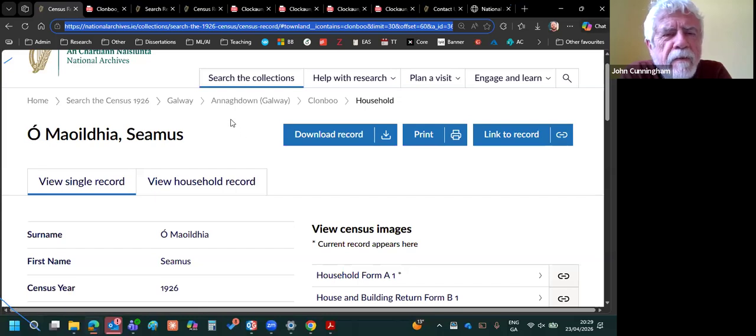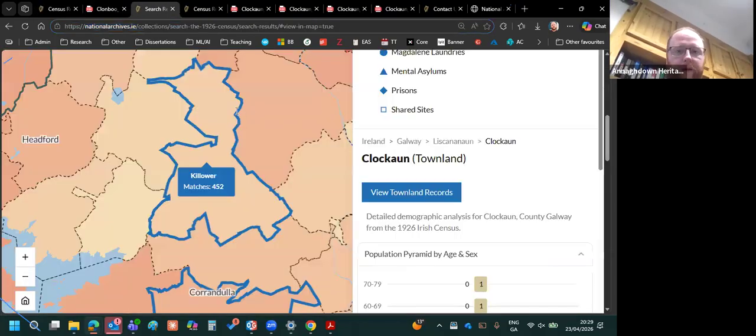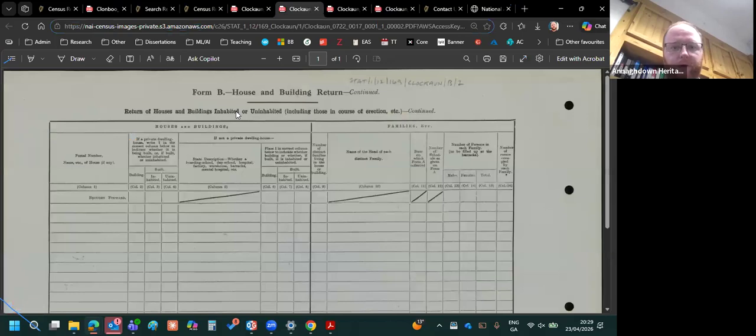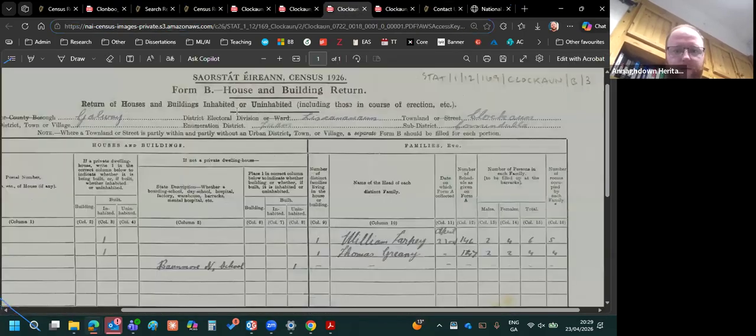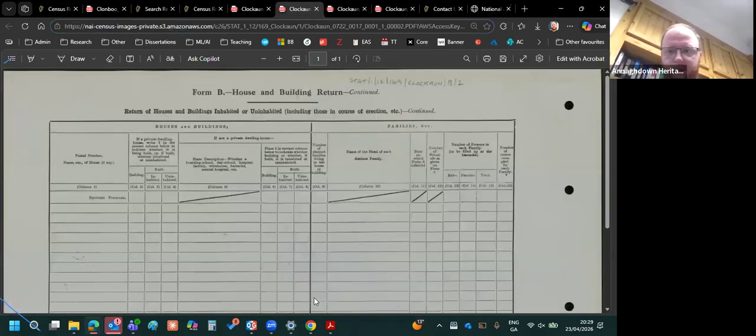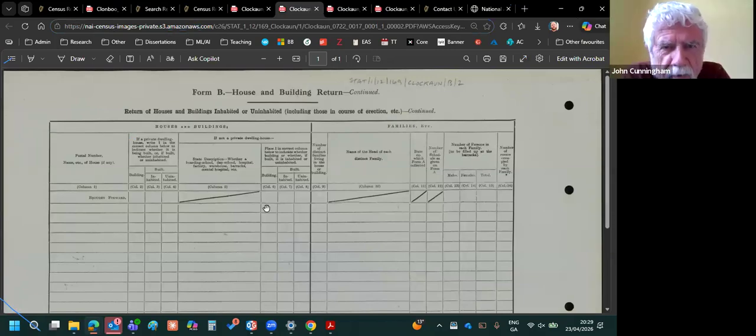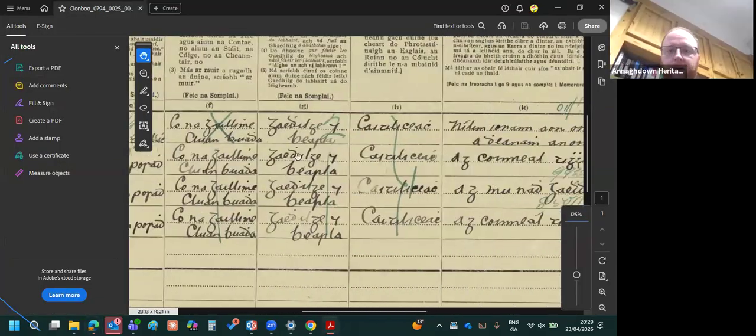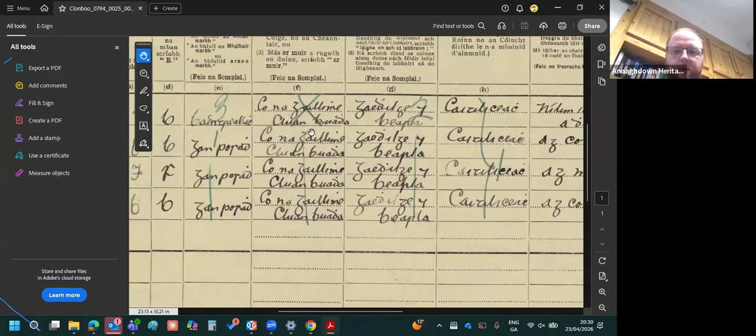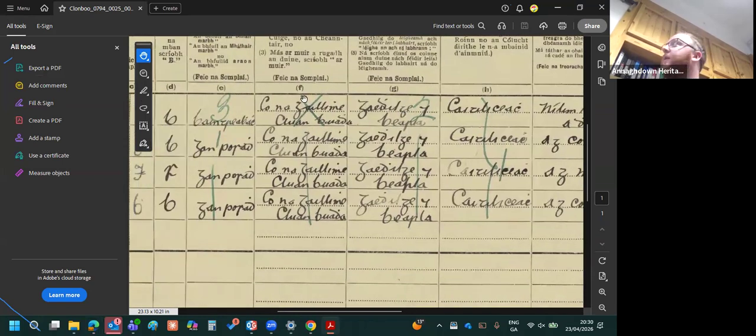Because she was with her grandparents, Martin Skerritt and Bunnatubber. Sorry, no. Which one was it? This one, no? Oh, this one, yeah. I don't know. It's done by the statistical people after the census, but I don't know what the X indicates.